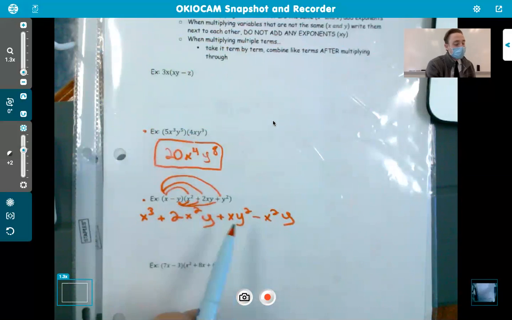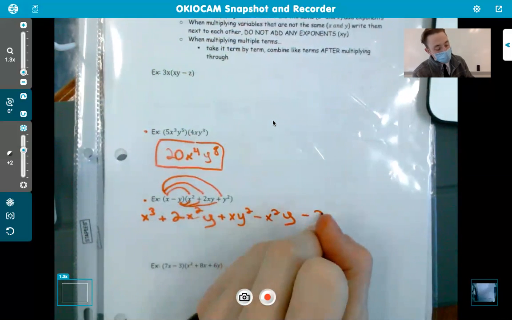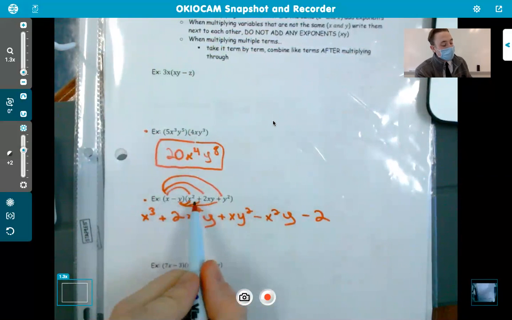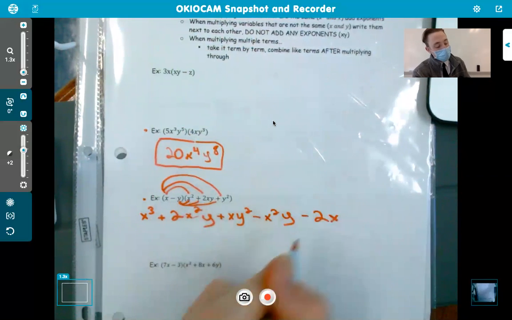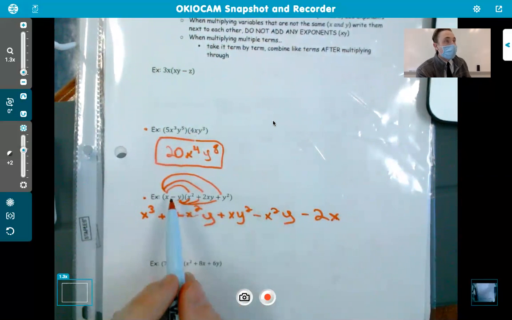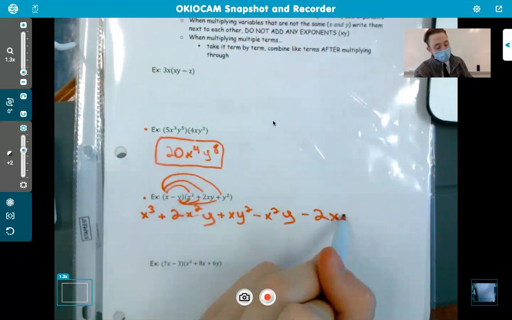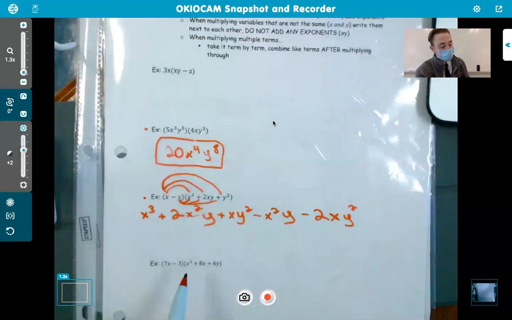2xy times negative y. Well, that's going to be negative 1 times 2, which is going to give me negative 2. There is no x term that they both share, so I'll write the x there because it's still present in this term. What's y times y going to give me? Y squared. So 2xy times negative y is negative 2xy squared.